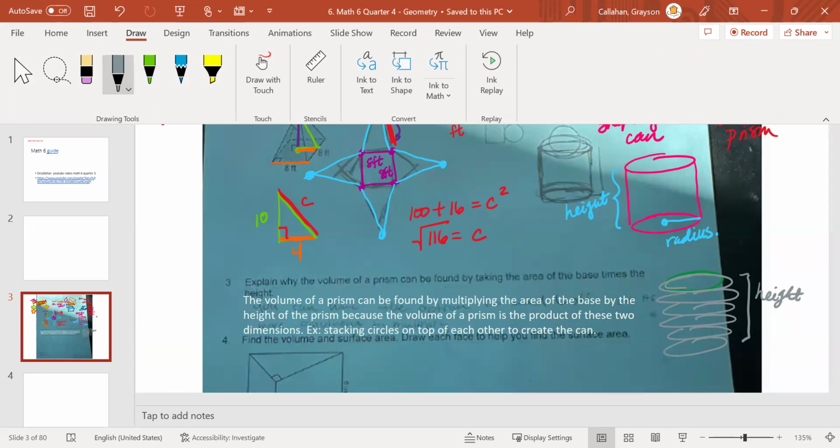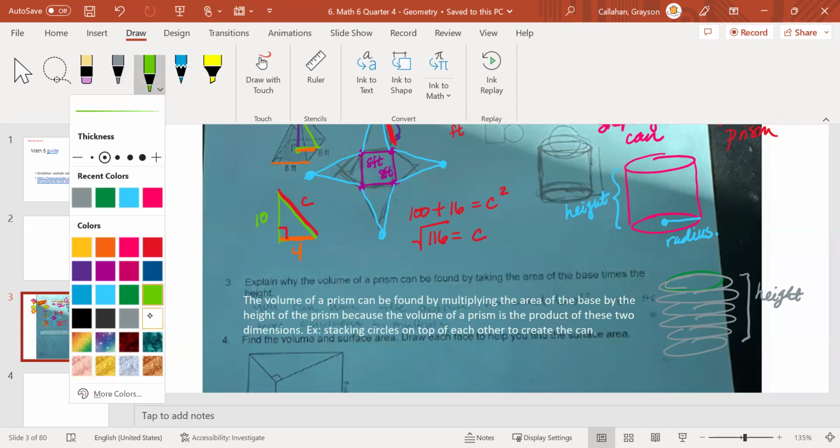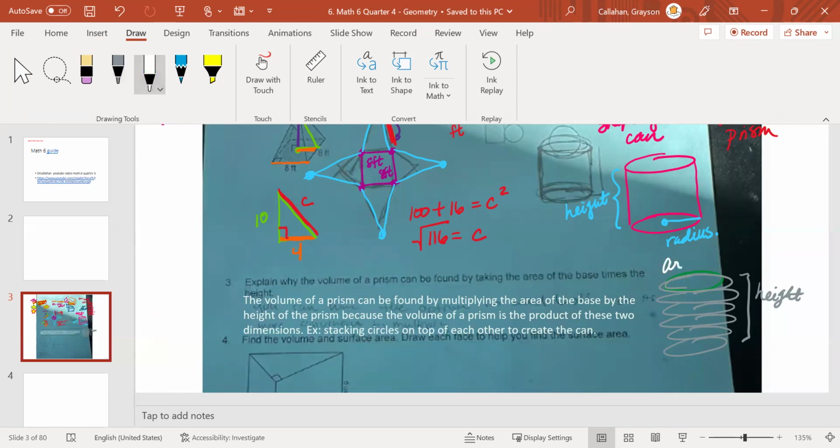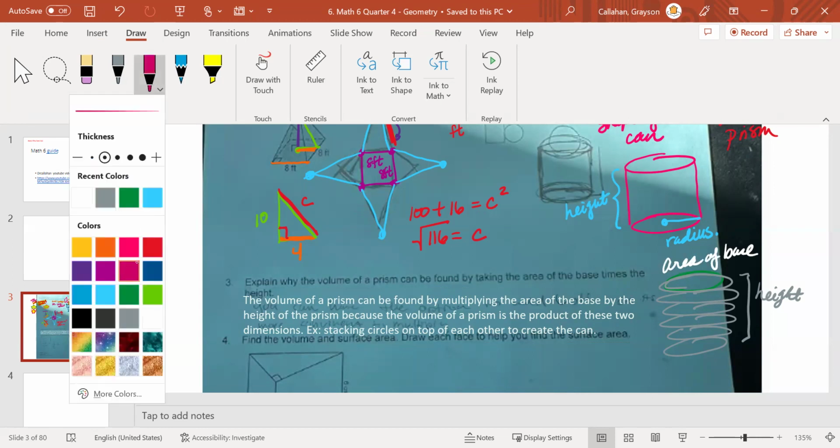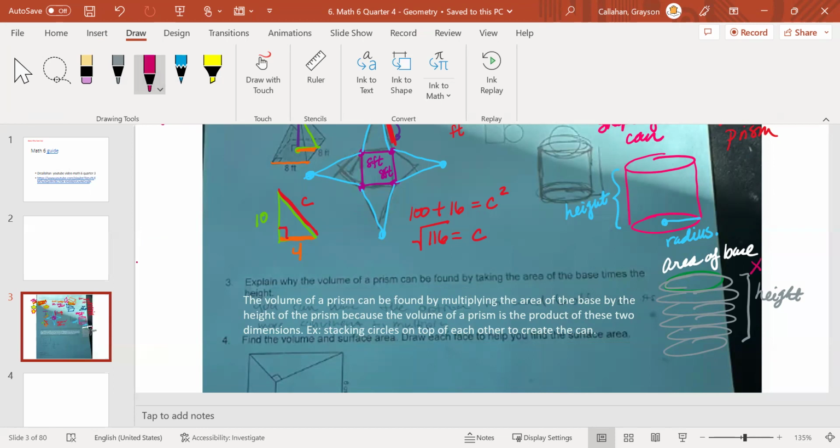And we're going to label this, I want you to write this part, the area of base, times height equals volume. So write that down, okay?